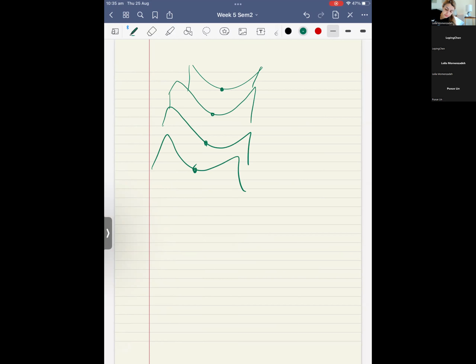It means all of our critical points are saddle points. Okay, let's see what we can do next.